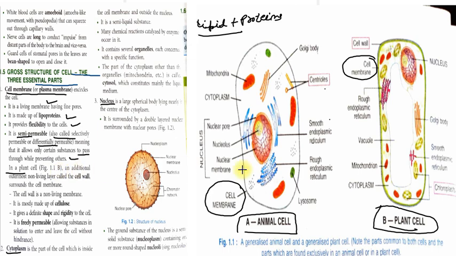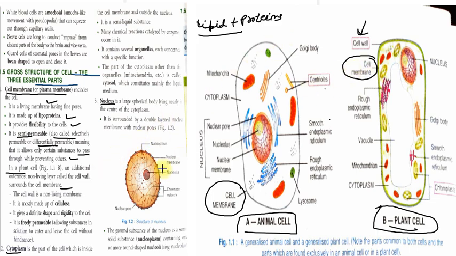In plant cells, an additional outermost non-living layer called the cell wall surrounds the membrane. So this cell wall is found only in plants. It is not found in animals. So the cell wall is absent in animal cells, right?